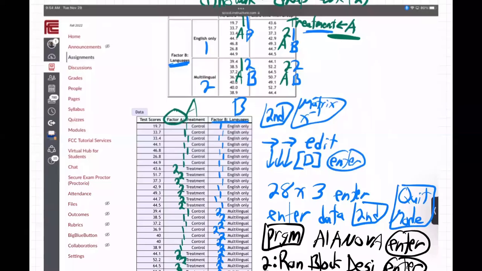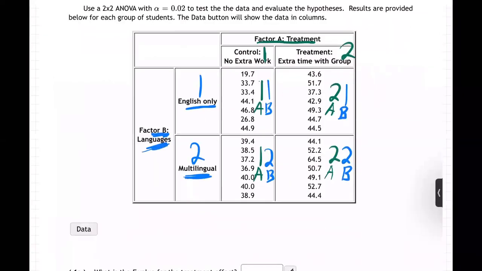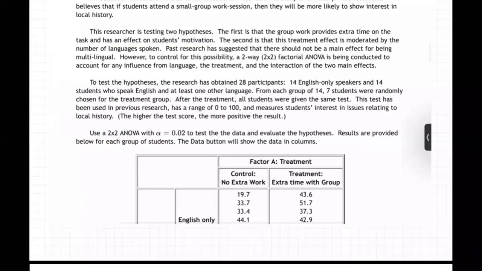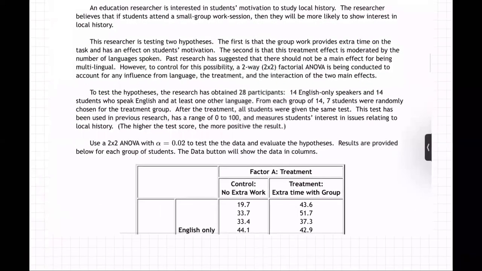Well, they gave you an alpha level up here in the beginning, I think. If you go to the beginning, whoa, I just went too far there. Where is it? Yeah, my alpha is 0.02. Right here. Yours might be different. It says use 2x2 ANOVA with alpha 0.02.